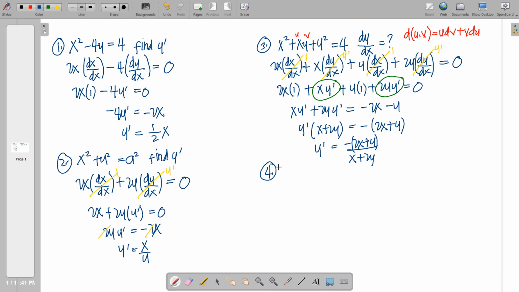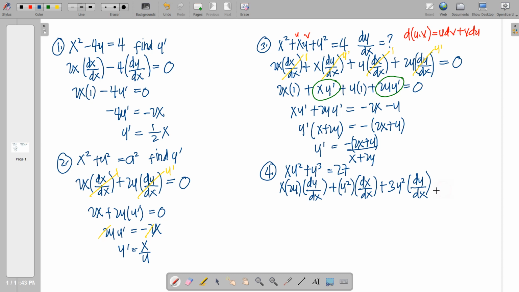So let us try another problem. Say we have x squared y plus y cubed is equal to 27. So the first term here is obviously again a product rule wherein we're going to execute u dv plus v du. So doing that, we have u dv plus v du, and then differentiate y cubed as the second term here.